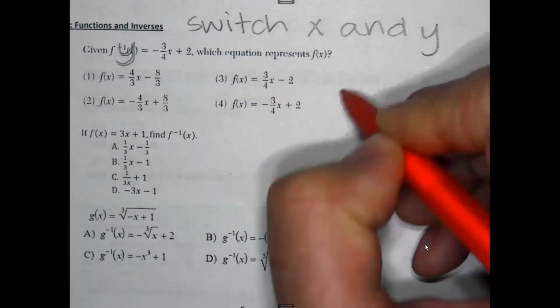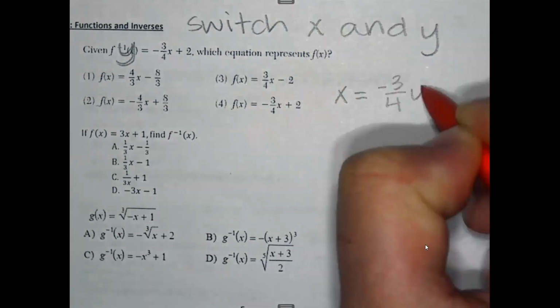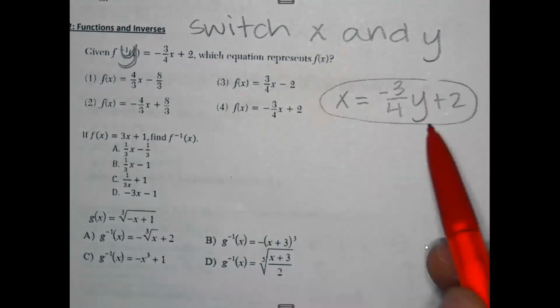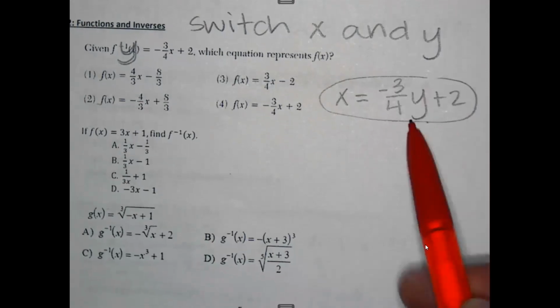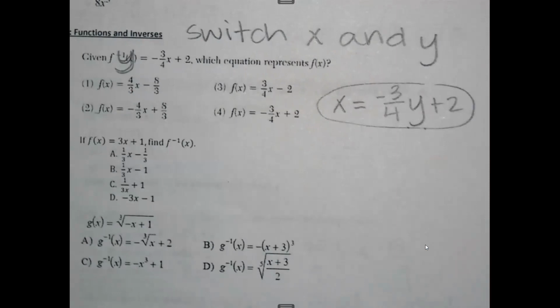So I'm going to say x equals -3/4 y plus 2. This must be equivalent to my original function. And then all I'm going to do is graph my answers and see which one's the same. Okay? So I trade the x and y, and then I see which one matches up.